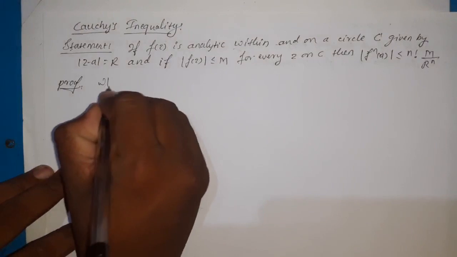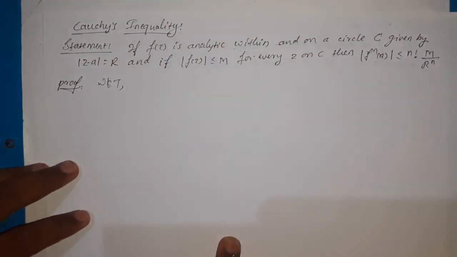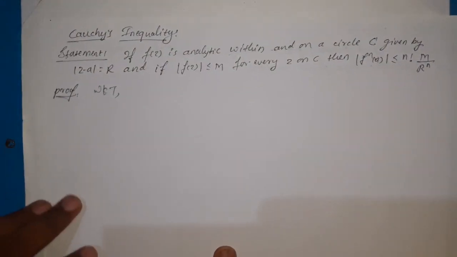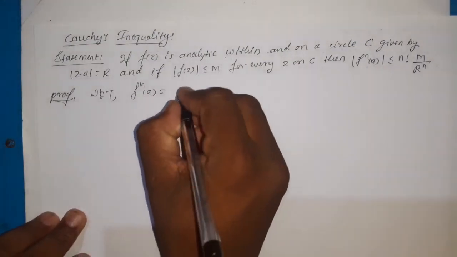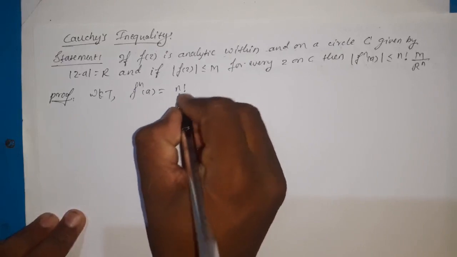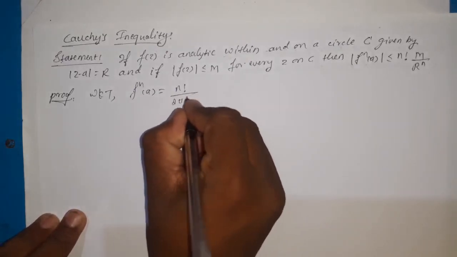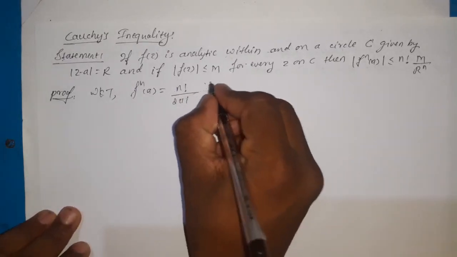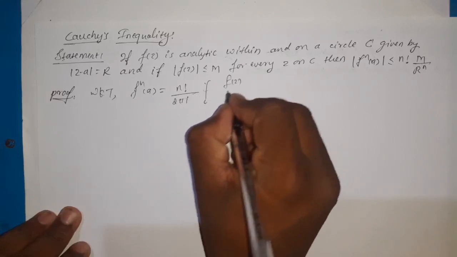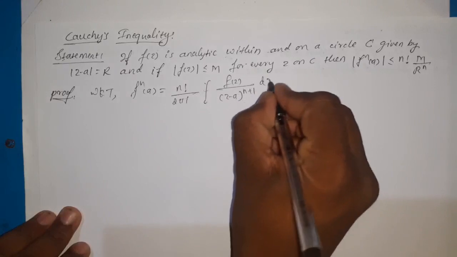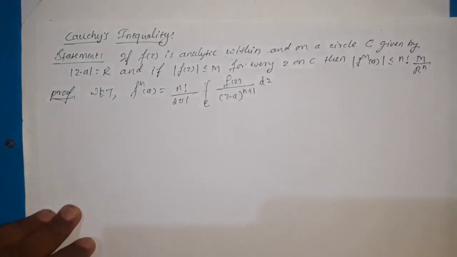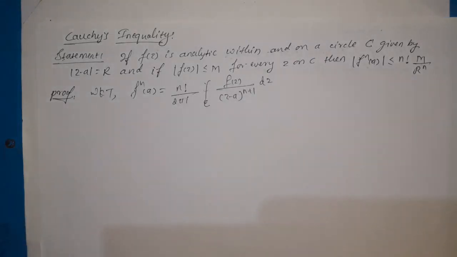So we know that by Cauchy's integral formula for derivatives, we can write f^(n)(a) is equal to n! divided by 2 pi i times the integral over C of f(z) divided by (z - a)^(n+1) dz. Here this is the Cauchy's integral formula for derivatives.